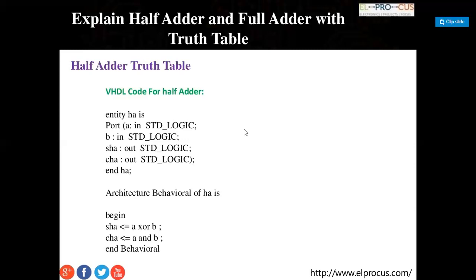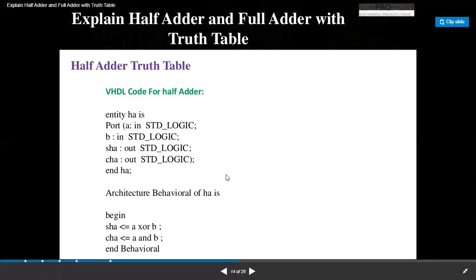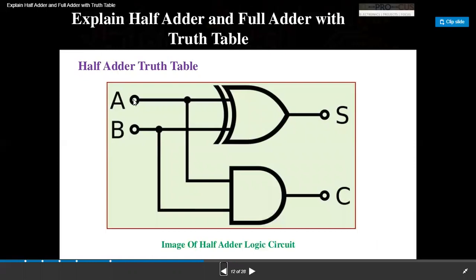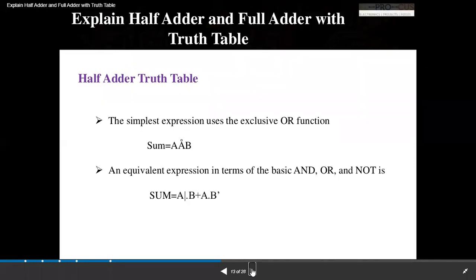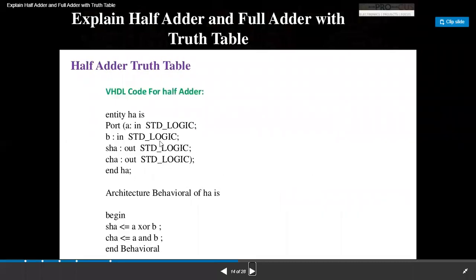In that half adder, the input ports are nothing but A and B. The A and B are the input ports. Here in the half adder, A and B, these 2 bits, act as the input bits, and sum and carry act as the output bits; we call these ports.